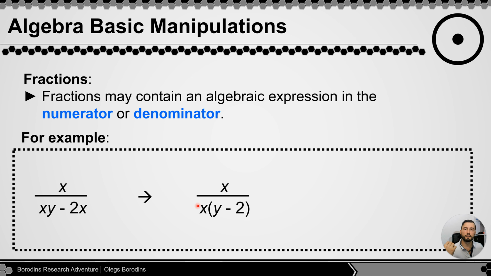So x in the numerator, and x times brackets open y minus 2 brackets close in the denominator. Now we can remove the x's. When we remove the x's, we end up with 1 divided by y minus 2. So the equation is simplified to this form.